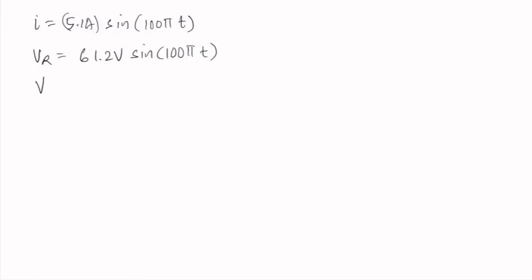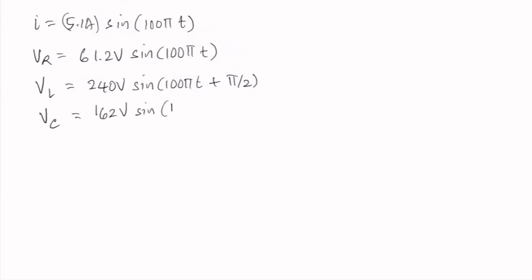For the voltage across the inductor, we have 240 volts times sine of (100 pi t plus pi over 2), since the inductor voltage leads the current by 90 degrees. For the capacitor voltage, we have 162 volts times sine of (100 pi t minus pi over 2), since the capacitor voltage lags the current by 90 degrees.